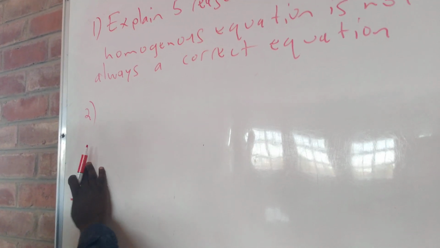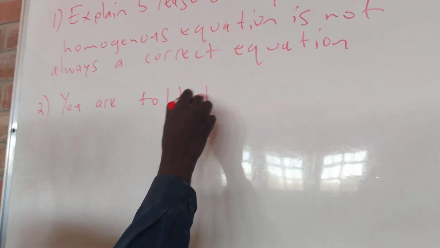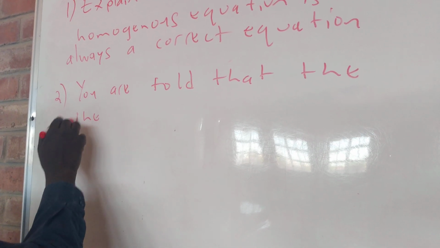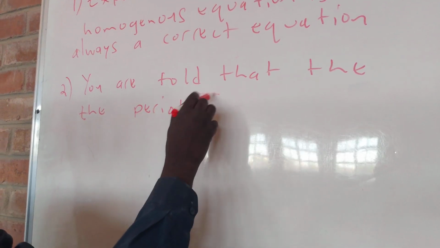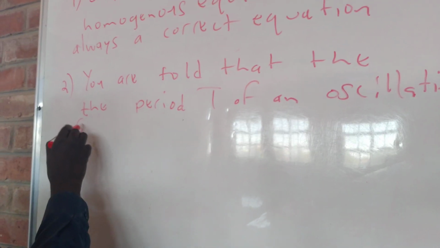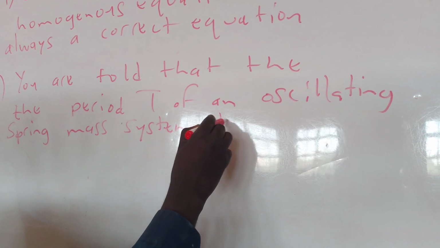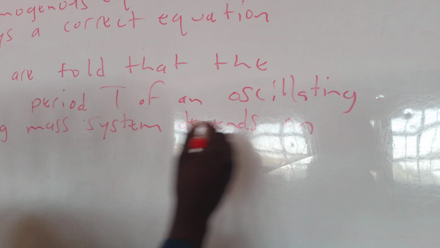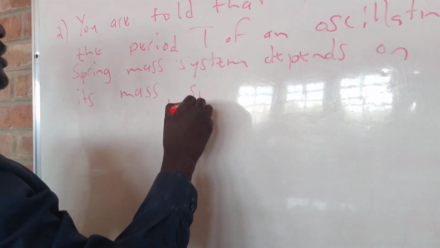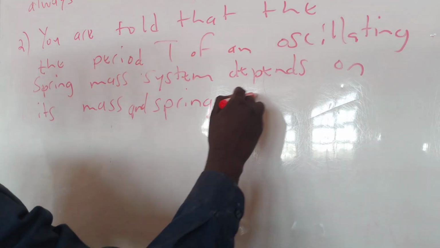2, you are told that the period T of an oscillating spring mass system depends on its mass and spring constant.